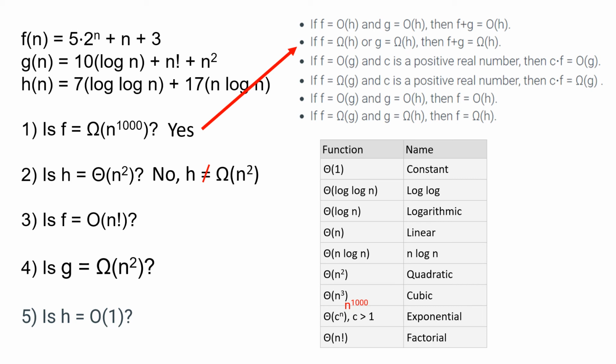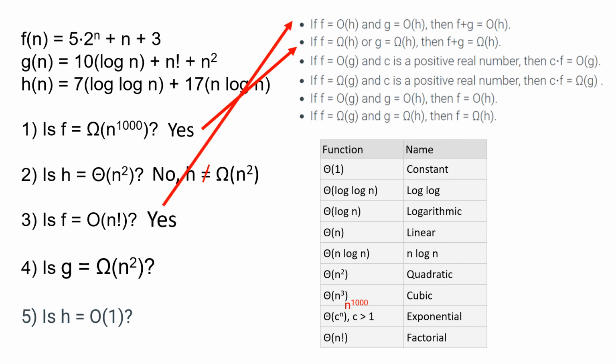So if we can show that h is not omega of n squared, and we can, then there's no way it can be theta of n squared. And again, the reason we know h is not omega of n squared is that n squared grows quicker than either of those functions in h. So h together will not grow as quick as n squared would.